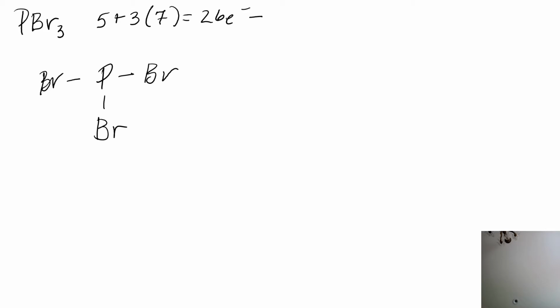When I draw the skeletal structure, I use 6 electrons, so I have 20 electrons left, which I will first use to give an octet to my terminal atoms, the bromines. After giving the bromines an octet, I have used 18 of those 20 electrons, so I have 2 left. Phosphorus only has 6, so it needs 2 more in order to satisfy the octet rule. So this is our structure for PBr3.